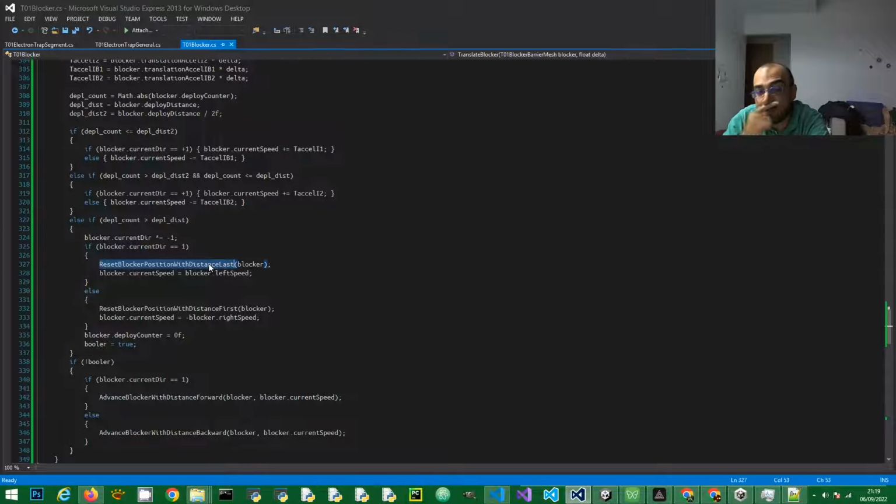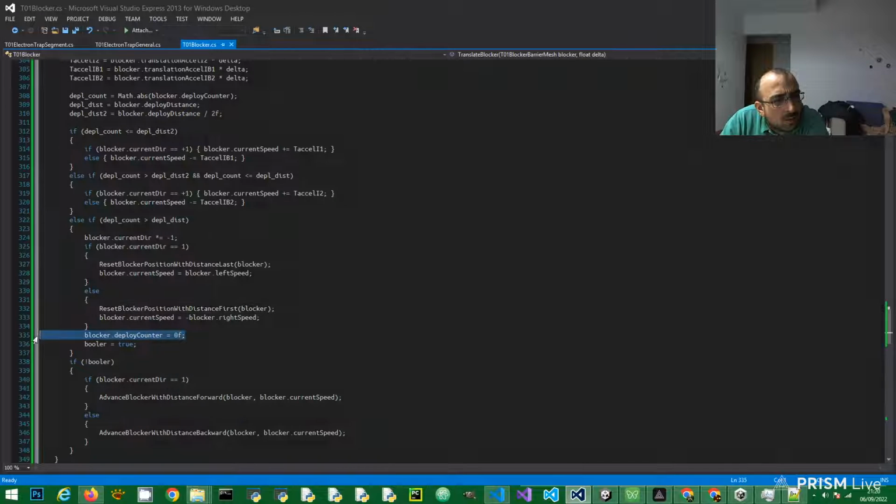So I had to reset it each time the blocker returned to its initial position. Reset blocker with distance last. Reset blocker with distance first. So distance last. Okay, we have to see what this did.